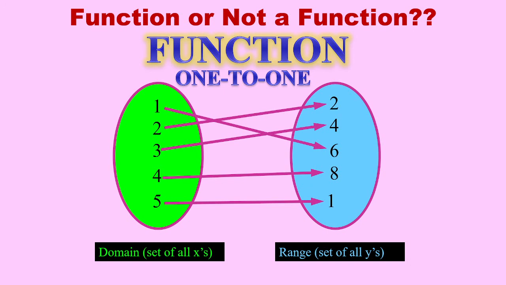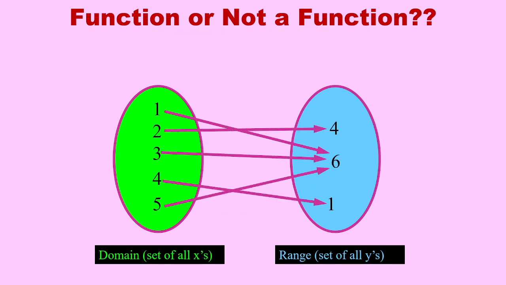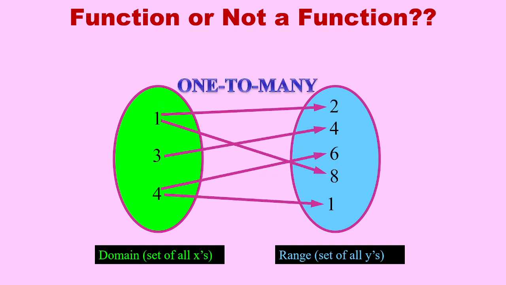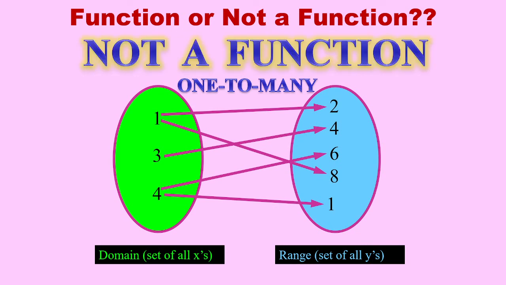Whatever is partnered in the domain or the range, a 1-to-1 is a function. Next, many-to-one is also a function. That's still a function. One-to-many is not a function. So, the kinds of relation are: one-to-one function, many-to-one function, one-to-many is not a function.